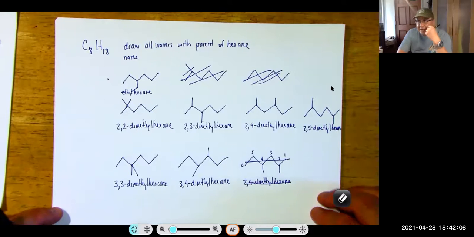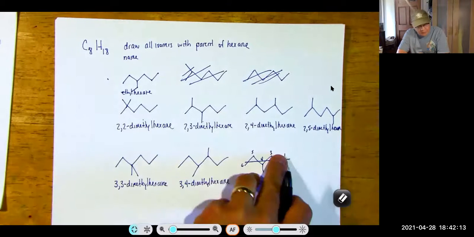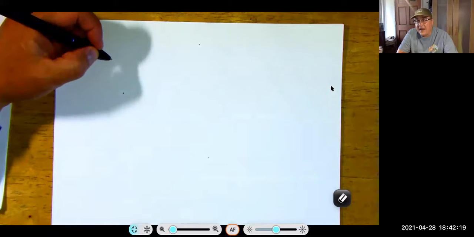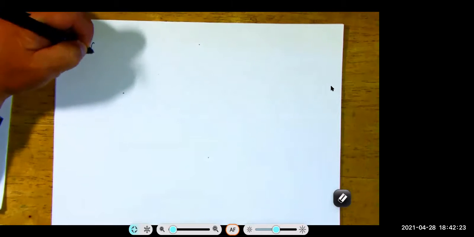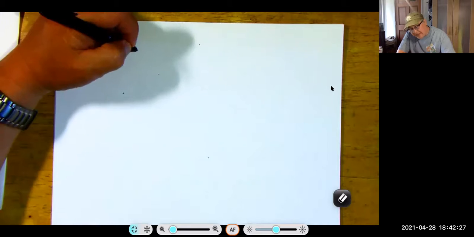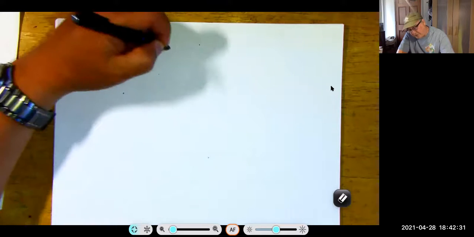Yeah, and actually I'm now thinking, let's go ahead and do the pentane ones here, because it turns out we can't really have a propyl. So let's do the pentane isomers.